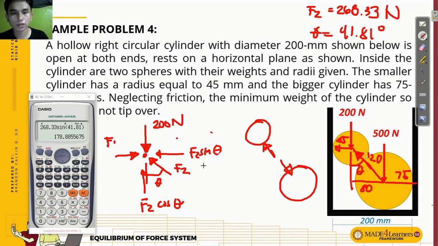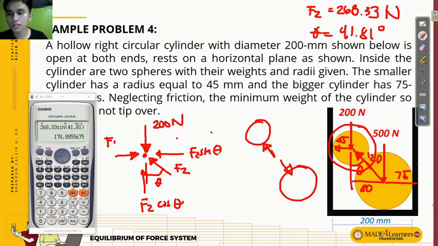We isolated only the smaller sphere, so we can see the reactions. If we consider the whole body diagram, we cannot see the forces. When we isolate, we see the free body diagram: we have the load, the contact from the cylinder, and the contact from the bigger sphere.